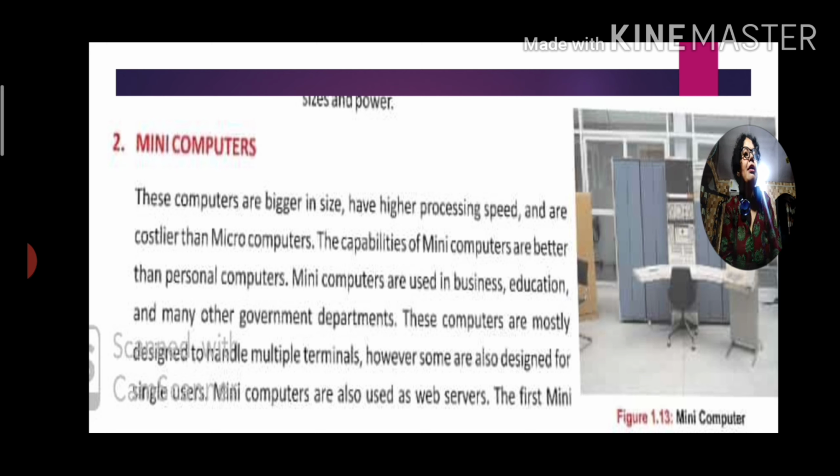Comparing with microcomputers, they are bigger in size, have higher processing speed, and are costlier. The capabilities of minicomputers are better than personal computers. These are used in business, education, and many government departments.